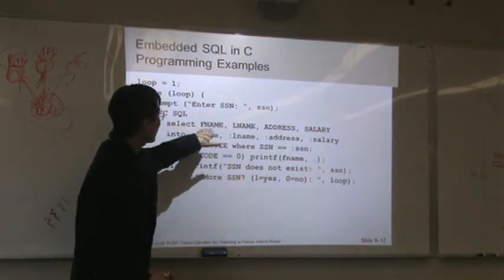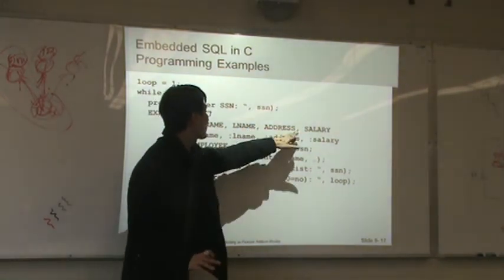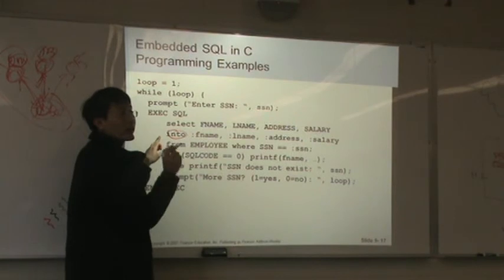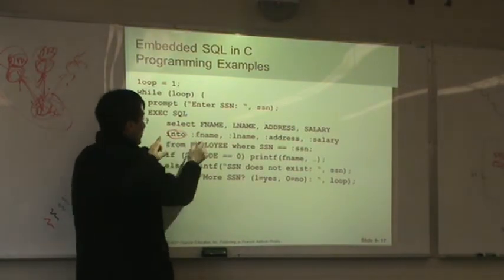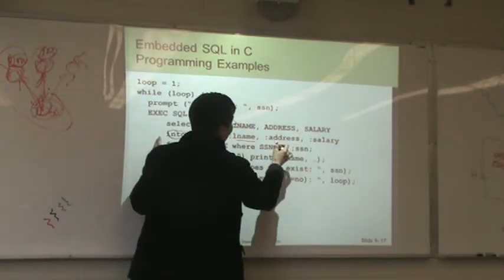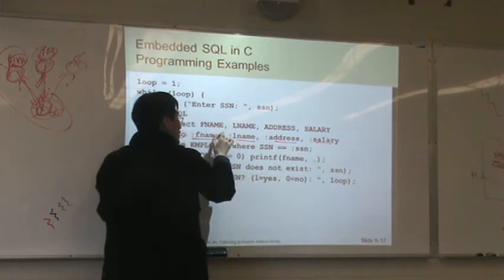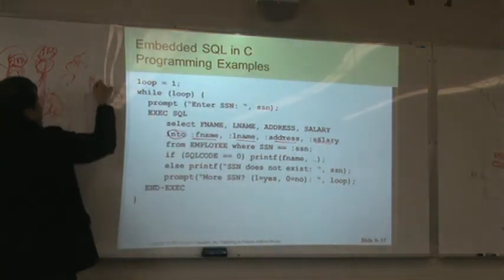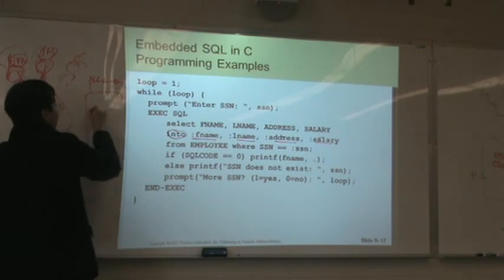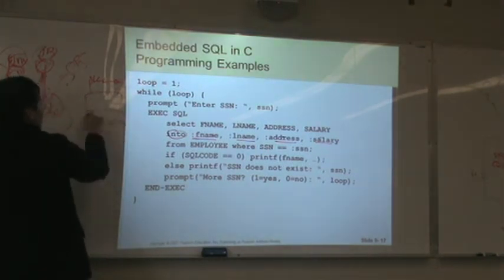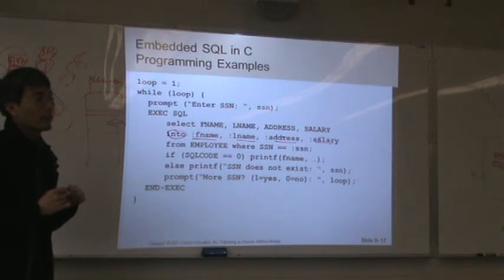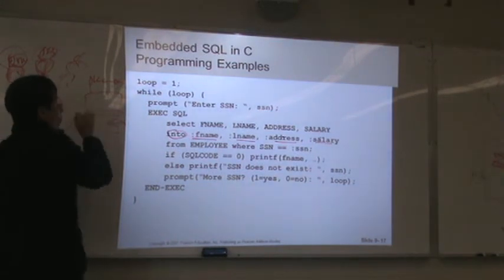So select first name, last name, address, and salary into. This is an additional feature in database programming. Then fname, lname, address, salary. These variables will be located in your process in memory, somewhere in your process, and shared by the host language.